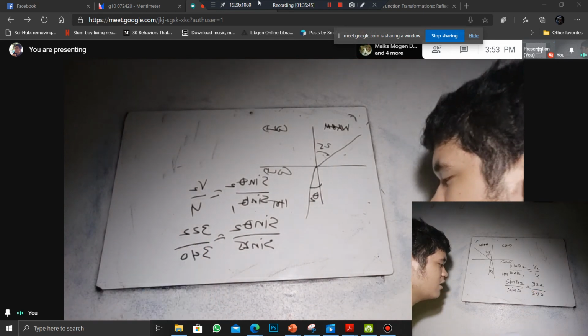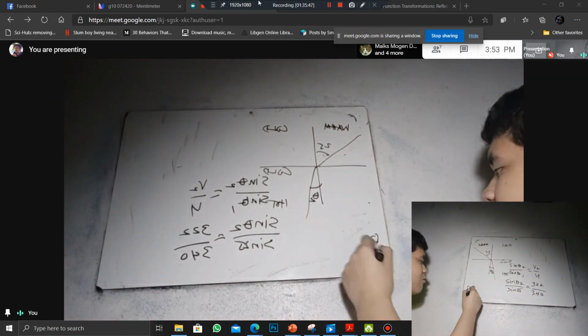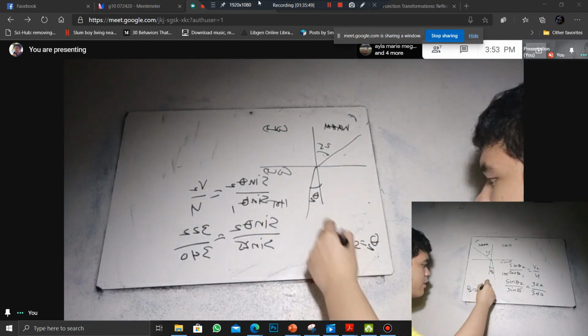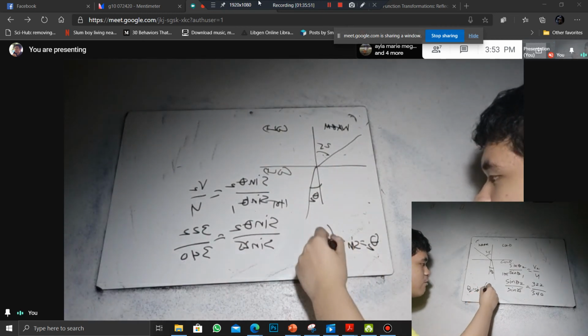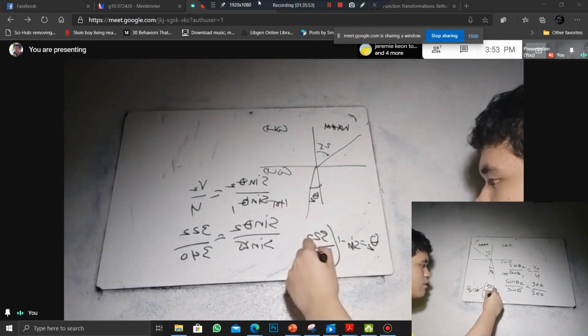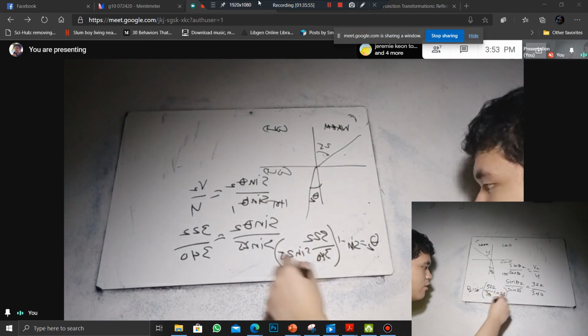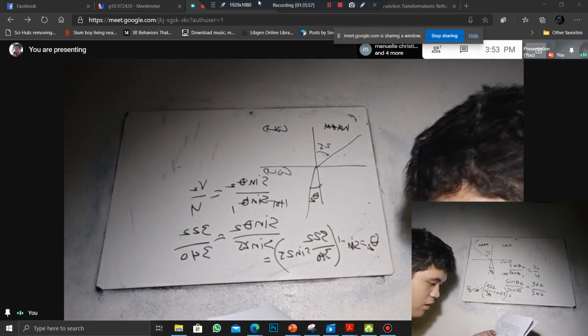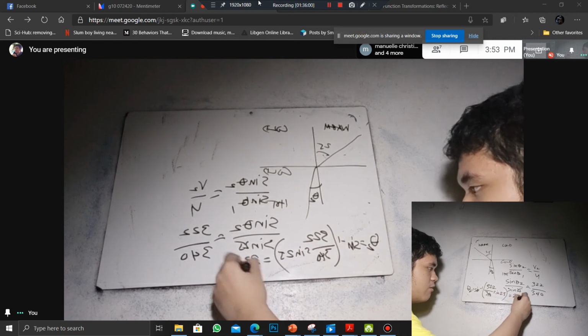So, solve for theta 2 equals sine inverse ng 322 over 340 sine 25, which is equal to 23.6 degrees, no? 23.6 degrees.